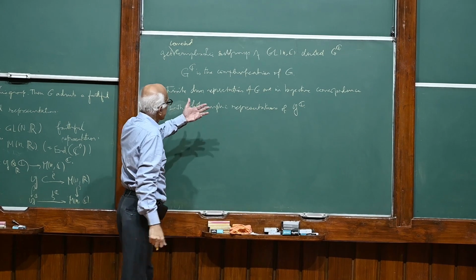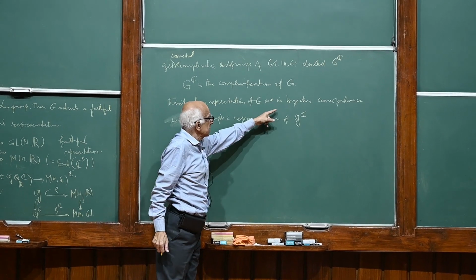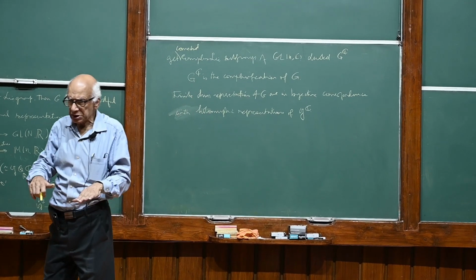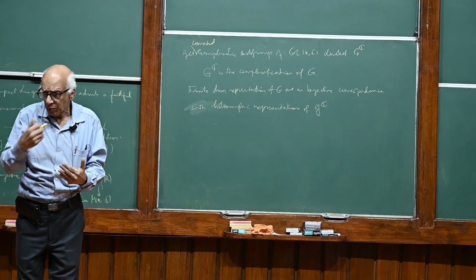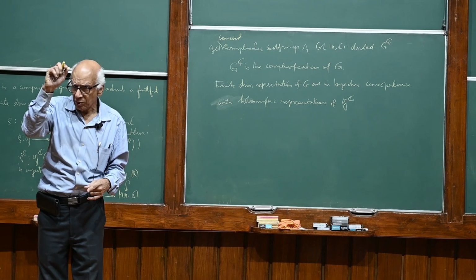It requires a little bit of work. The point is that a representation of G induces a representation of the Lie algebra, and therefore we get a representation of the complex Lie algebra, and therefore the corresponding representation of the complex Lie group.